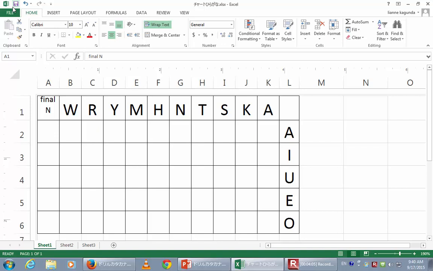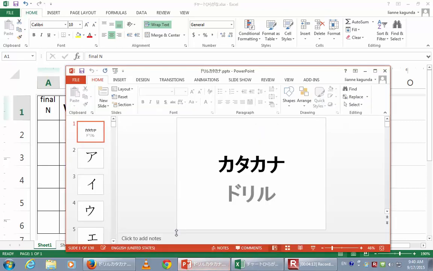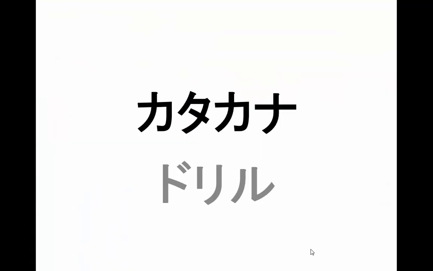Okay, so the next thing we're going to look at is, we're going to do some drilling. I'll pull this down, make it a little bit easier to see what we're doing. So we're going to do a quick run through.